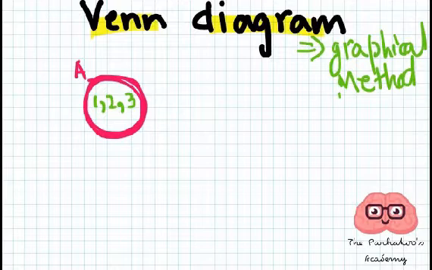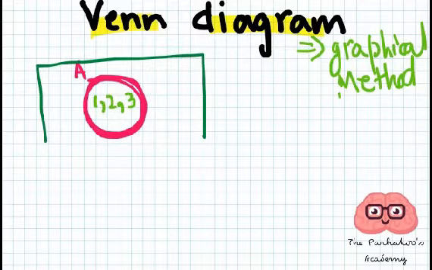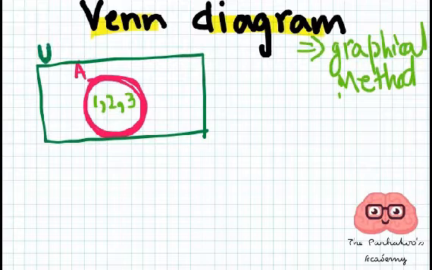So it is set A, right? Now, one very important thing: all the sets that we consider are basically in a universal set, so we always draw the universal set around it. Okay, so this is how we draw the Venn diagram when we have one set A.